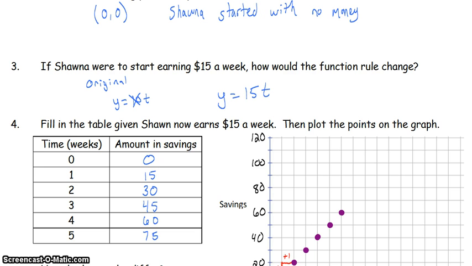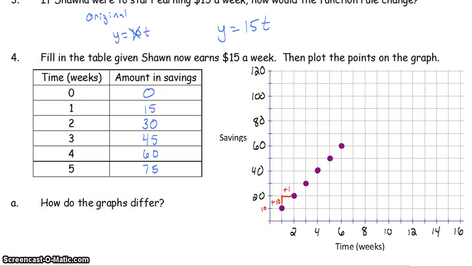I'm going to go ahead and plot those new points in red. (0, 0), that's the one that they would share. I'll erase the jumps I was looking at. At 1, we'd go over 1 and up to 15. 2 is at 30. 3 is at 45. 4 is at 60. And 5 is at 75.